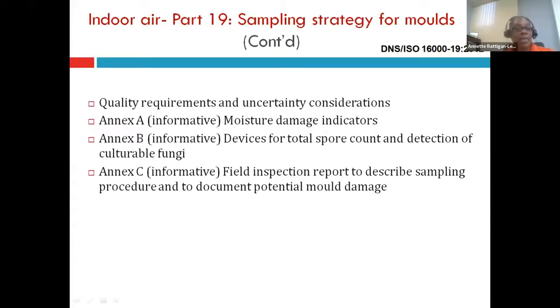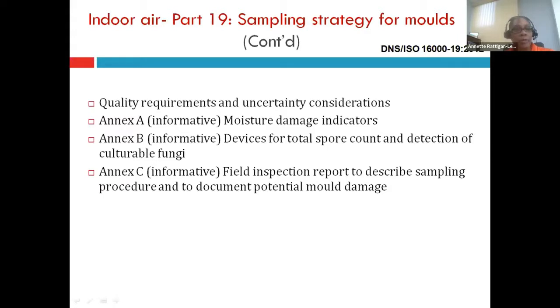There are 3 annexes which support this standard, basically pointing us to moisture indicators, the devices to be used, and also in terms of field inspection and the relevant information to be documented.